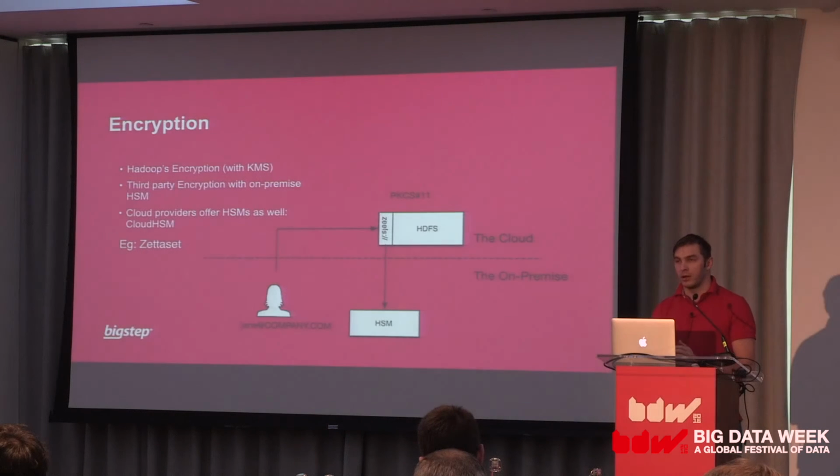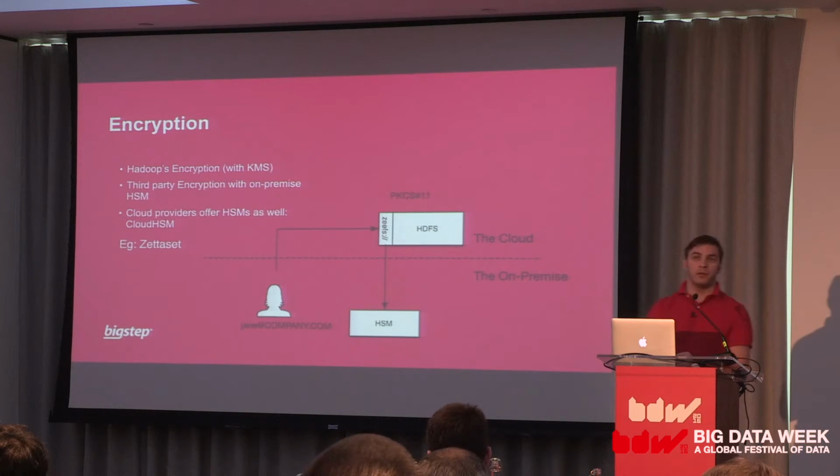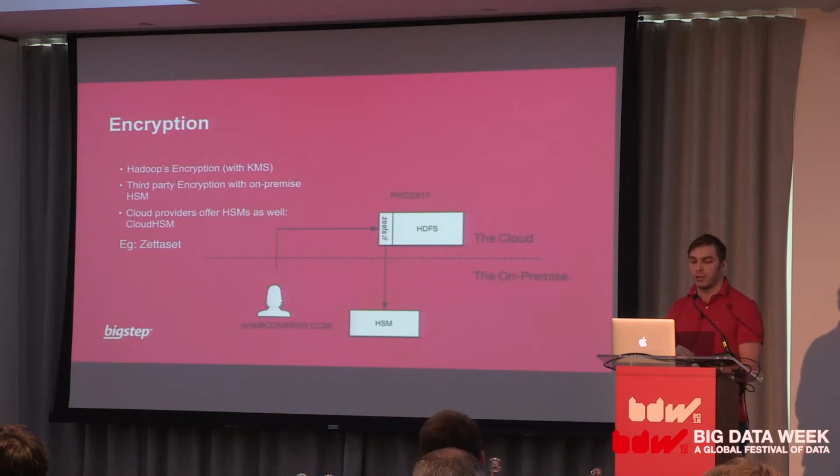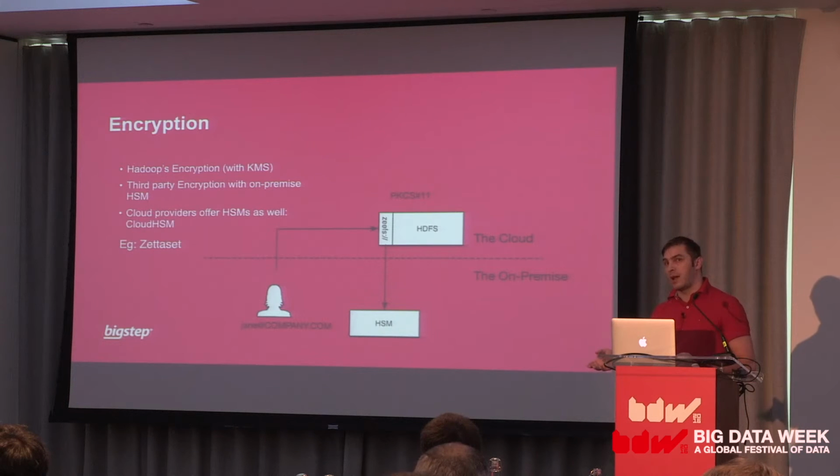Then there's encryption. There was a keynote, I forgot the name of the presentation, but it was about tokenizing the data. Tokenization is one way of doing it. The other way is using encryption, with a KMS or an HSM that stores the keys.